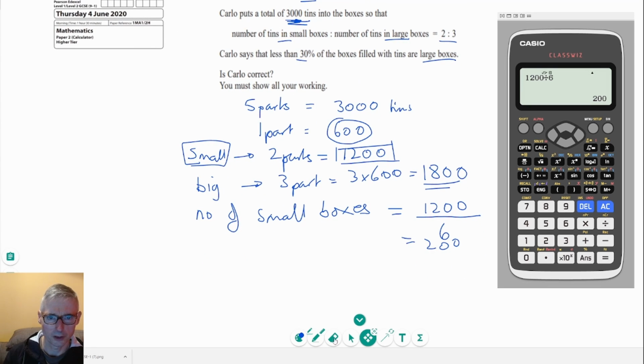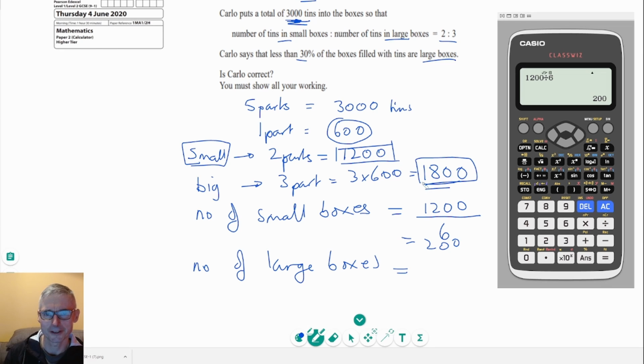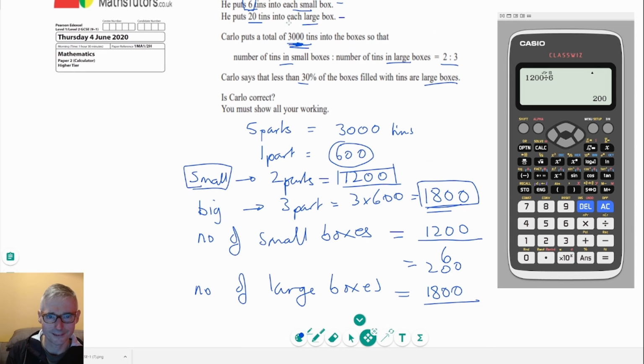And we can do a similar approach for the number of large boxes. So we know that we've just calculated that 1,800 tins are going in the large boxes. So we can divide that 1,800 by the number of tins that go into each large box, which has nearly just gone off the screen there. That's 20 tins per large box.